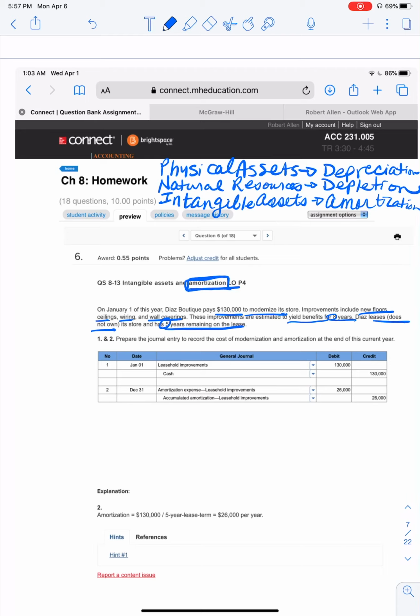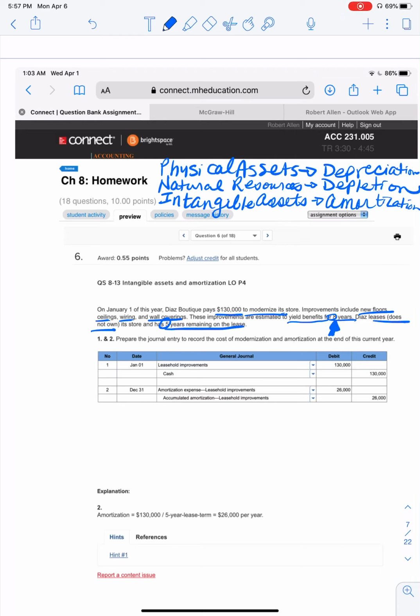So what this means is that yes, we are going to benefit from these improvements. But since my lease term is only for 5 years, even though these improvements themselves are good for 8 years, I'm not going to be able to use that 8 to amortize this down.